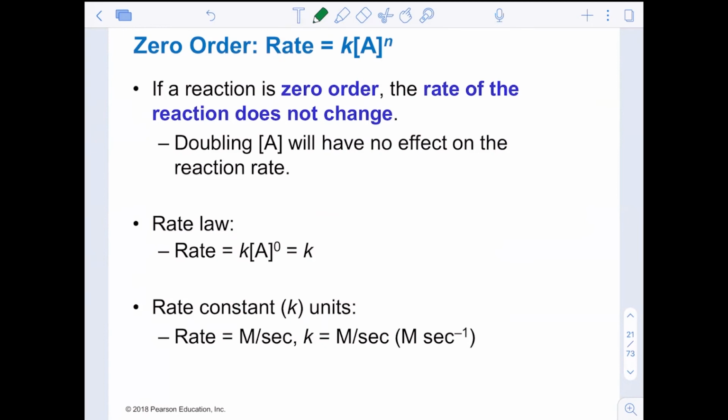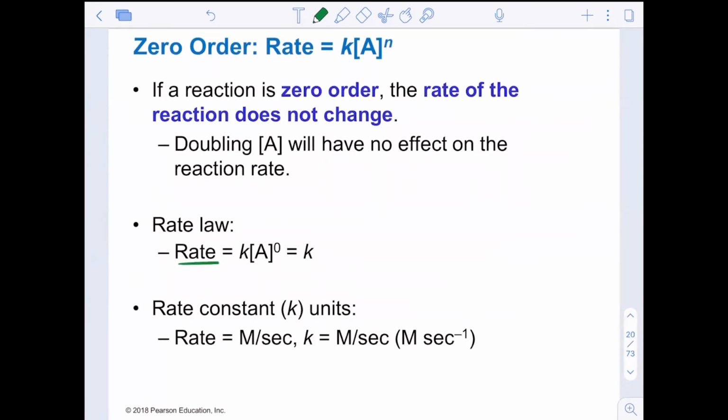The rate is actually just equal to k, the rate constant. The rate units are molarity per second, and therefore the rate constant is also in molarity per second. Rate will always be molarity per second. k can change based off of the order of the reaction.